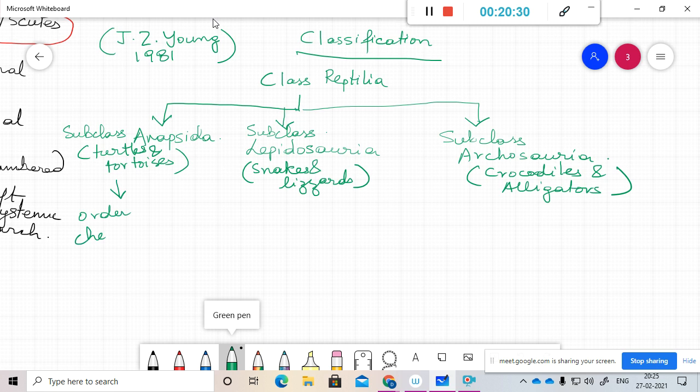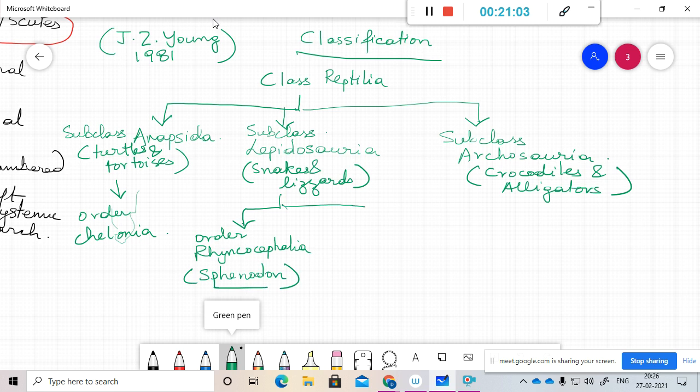Order Chelonia. Lepidosauria has got two orders left. The first is order Rhynchocephalia. Only one living representative, that is Phenodon.